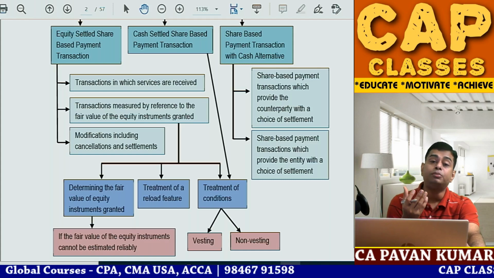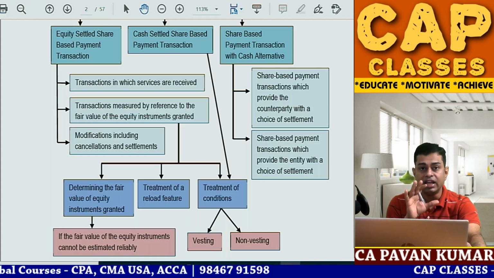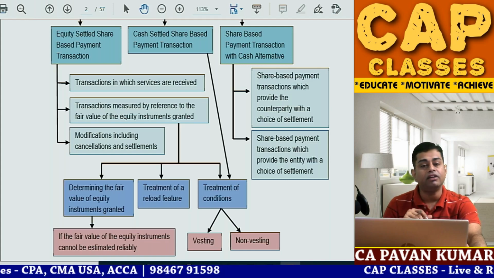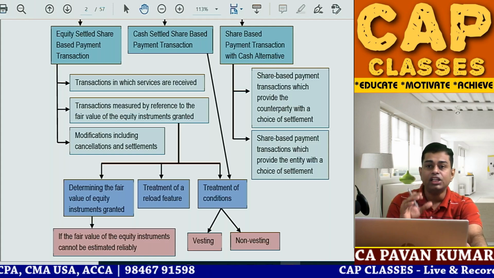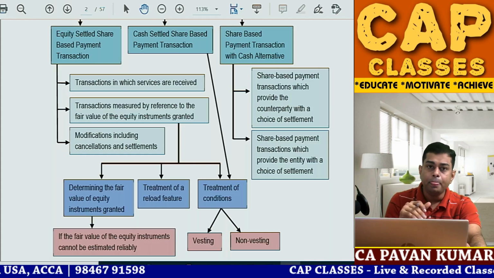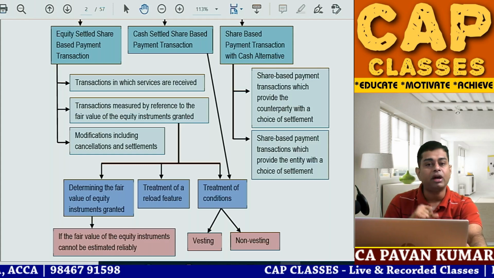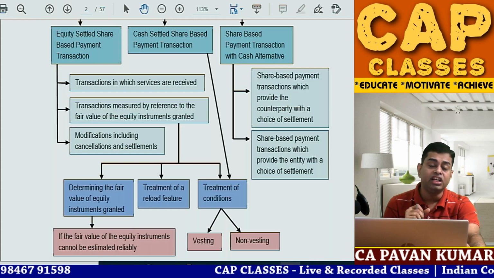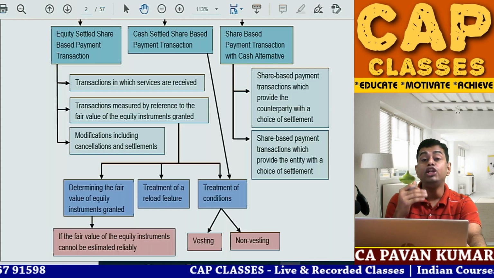So who has the option? I said there are equity share-based payment transactions with cash alternative. Either you can take cash or I can issue equity shares. Is it an option in the hands of the company or in the hands of the counterparty? Will I decide whether I will give you cash or equity shares at the end of the 5th year, or will you decide?